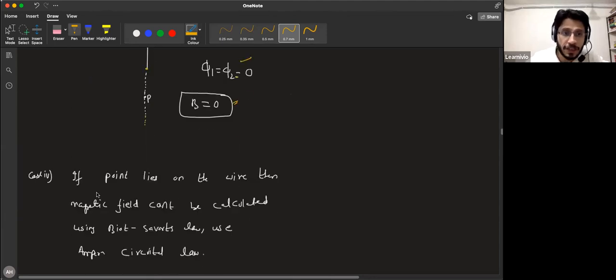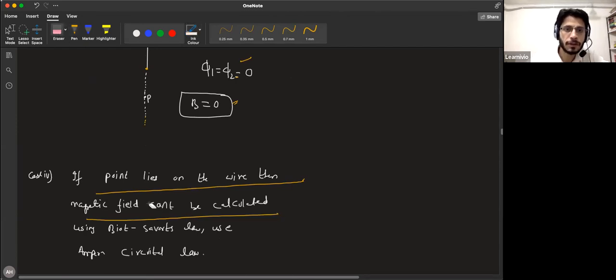If the point lies on the wire, then the magnetic field cannot be calculated using Biot-Savart law. You can't use Biot-Savart law if the point lies on the wire.